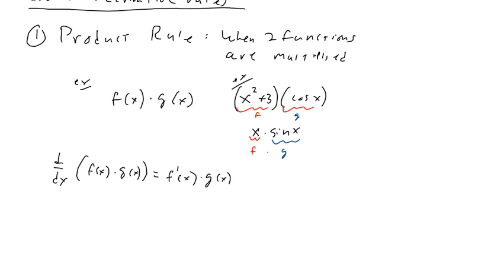So you do the derivative of the f piece times the g, and you leave the g alone. Only do the derivative of the first part, f, times, leave the g part alone. They're still multiplied. You just leave the g part alone and do the derivative of f.